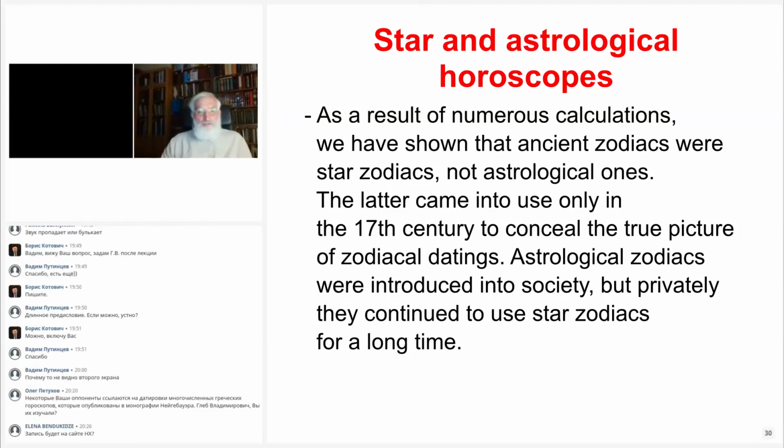Because at that time, the people who devised the Scaligerian chronology understood that they needed to make sure they wouldn't be caught red-handed. And they were well aware that zodiacs posed a danger in this regard. Because one can easily calculate a horoscope even according to Ptolemy theory.